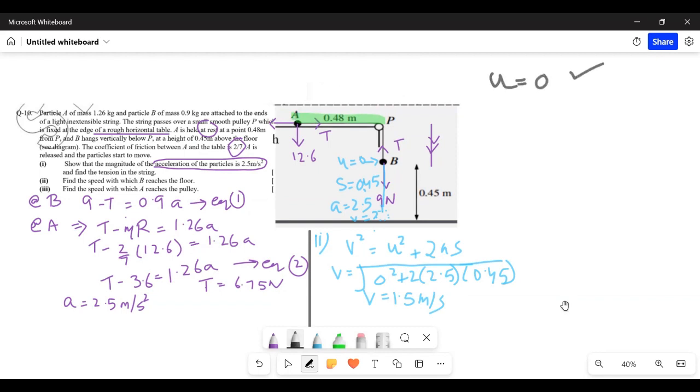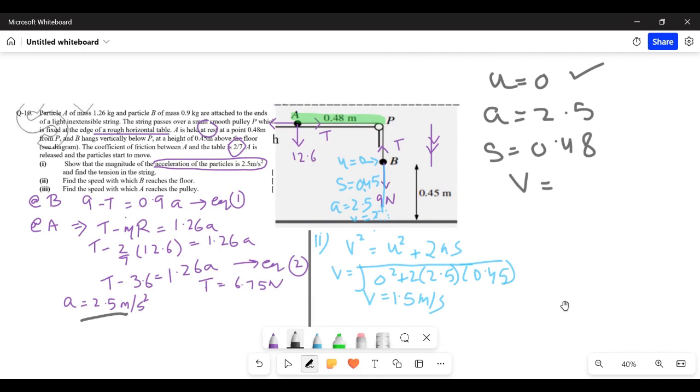Then they say that the acceleration is, what was the acceleration that was found? Acceleration was 2.5 meters per second squared for both the particles because they're connected particles. And then the distance covered between the pulley and the particle is 0.48. And then they use this information and find V, which is going to give you a wrong answer.